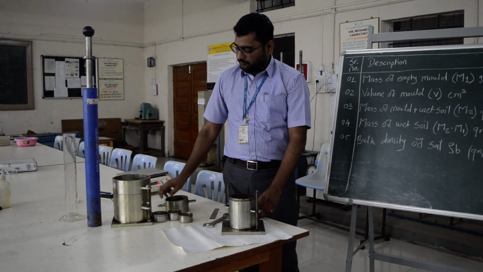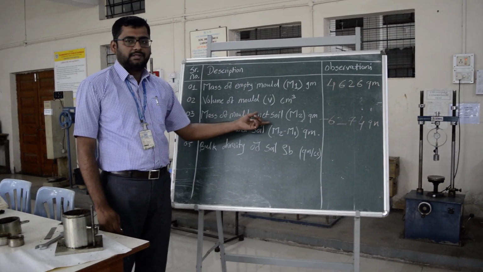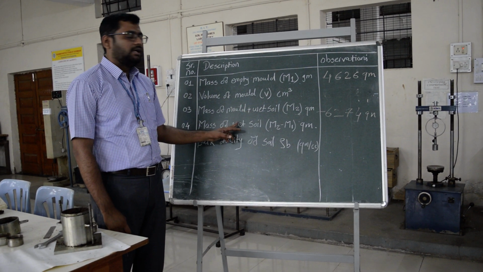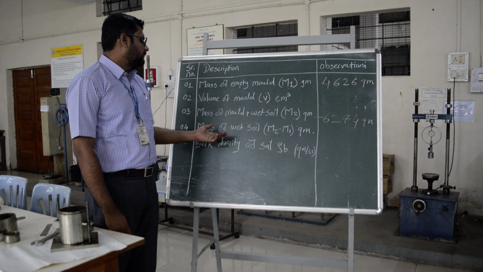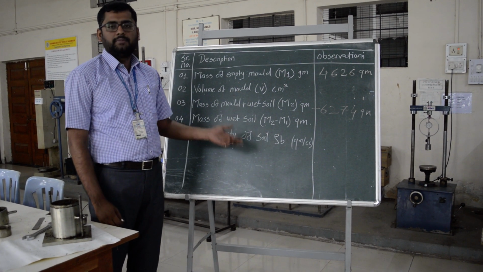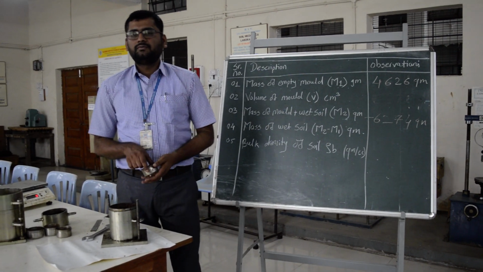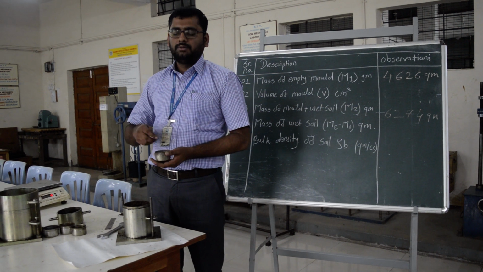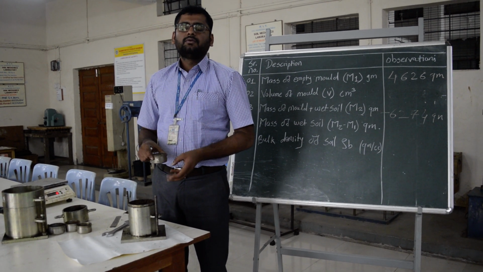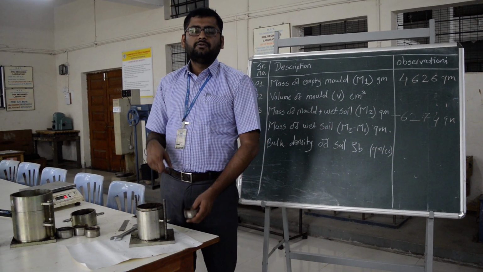So we know the mass of mold plus wet soil. If we deduct the mass of the mold, we can find out the mass of wet soil. Once we get the mass of wet soil and the volume of the soil, we can find out the bulk density. If we keep this soil sample for 24 hours in the oven at 105 to 107 degrees Celsius, we will get the water content.